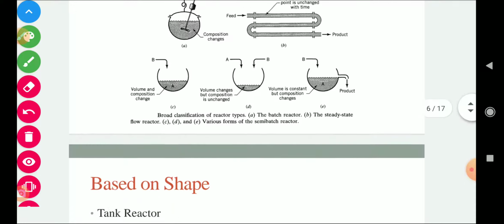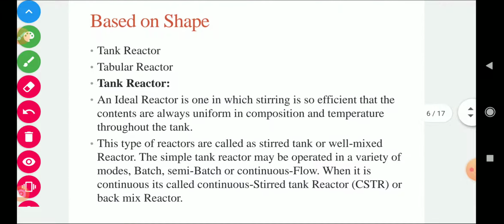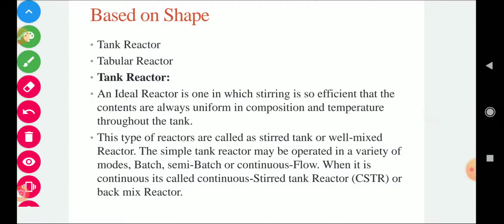Now the second classification is on the basis of shape of the reactor. On the basis of shape, the reactors are classified as tank reactor and tubular reactor, or we also call them mixed reactor or non-mixed reactor.